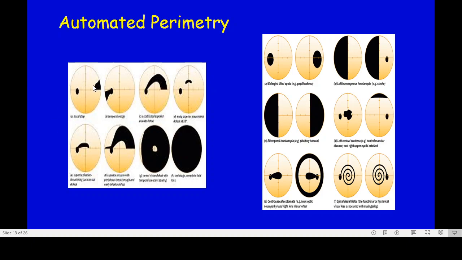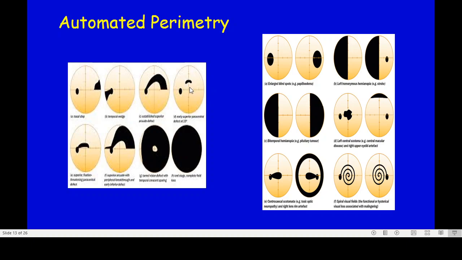This one is a nasal step. It is the very earliest sign of glaucoma in perimetry. Then again a nasal step going to the disc. This is an arcuate defect over here.